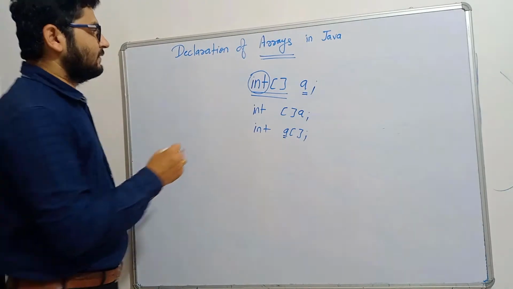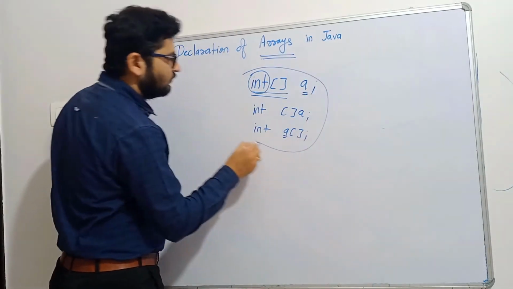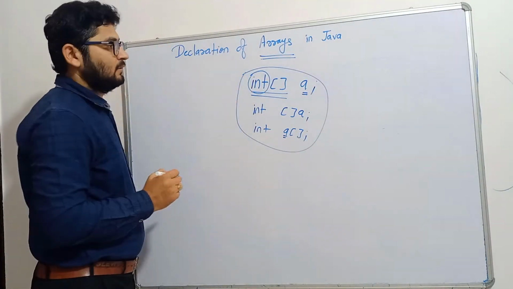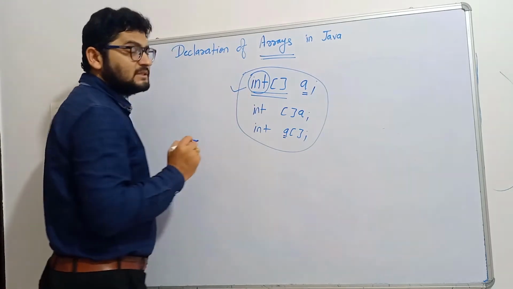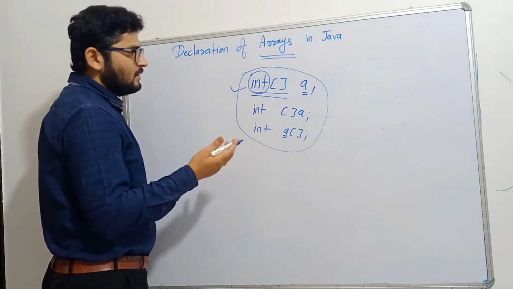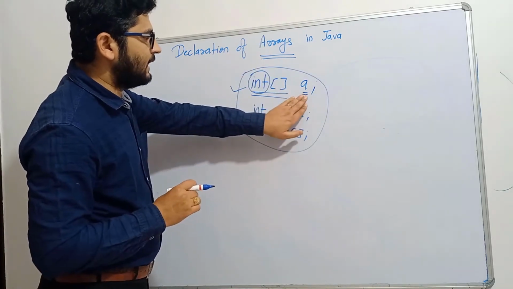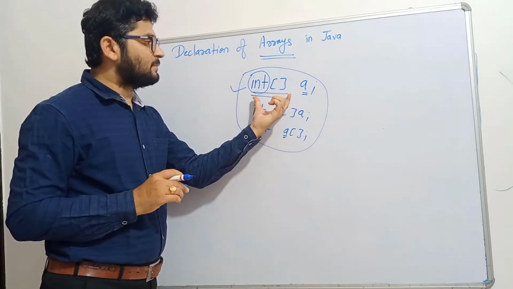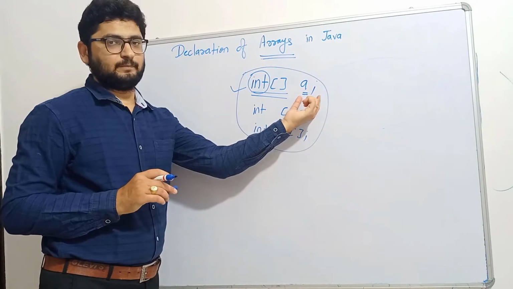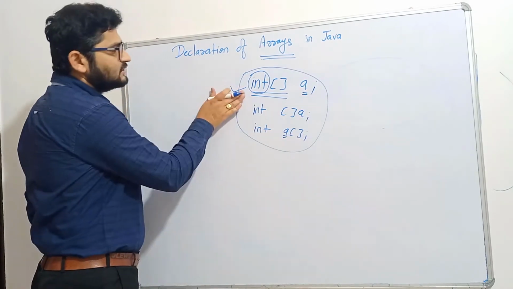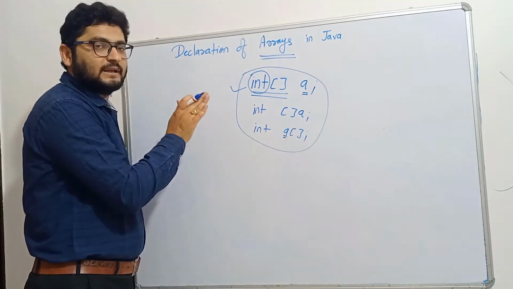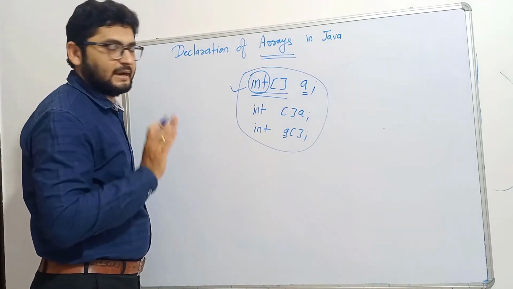Now these three are valid ways of declaring a one-dimensional array. But the first one is always recommended. Why? Because in this, the type of the variable A is clearly separated from the name of the variable. So that's why the first way of declaration is always recommended.